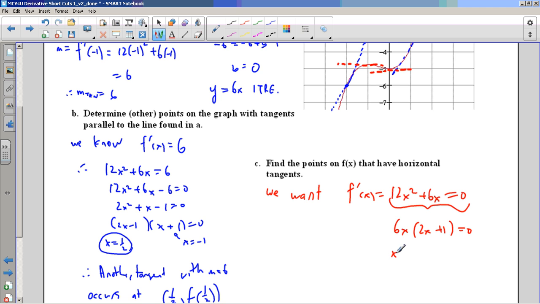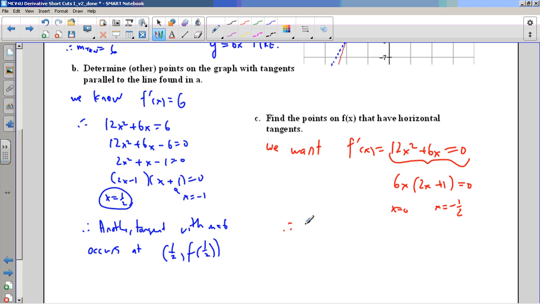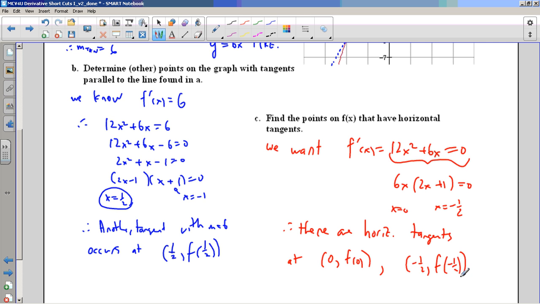So I have x equals 0, x equals negative a half, and therefore there are horizontal tangents at 0, f at 0. And again, you can calculate the y point. Did I actually calculate? No, I didn't even bother in my notes. You should, really. And there's the x value, there's the y value.